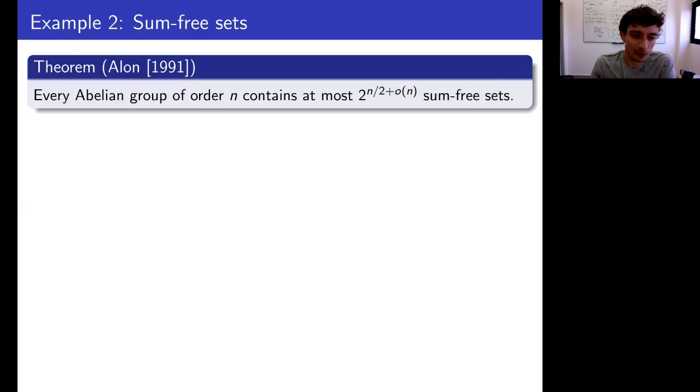In fact, for the particular group Z_n, one can choose that essentially all sum-free sets contain only odd residues and get a matching upper bound of 2 to the n over 2, but I'd like to only discuss this weaker upper bound with this little o of n error in the exponent.